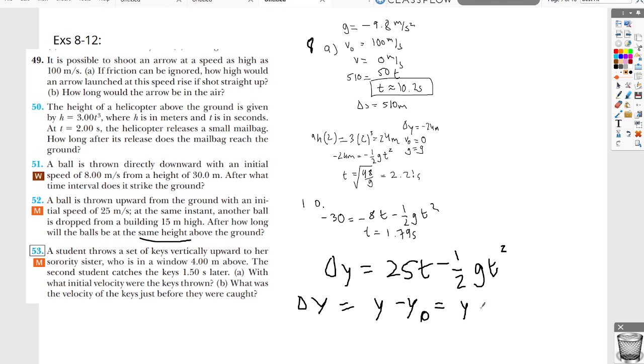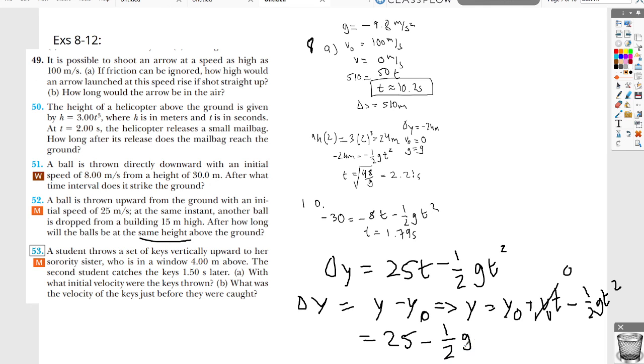So y is equal to y naught plus v naught t minus 1 half gt squared. V naught t is 0, y naught's 15, so it's equal to 15 minus 1 half gt squared.